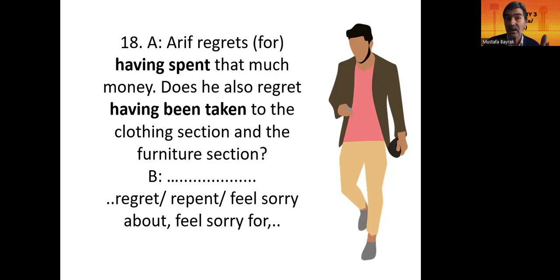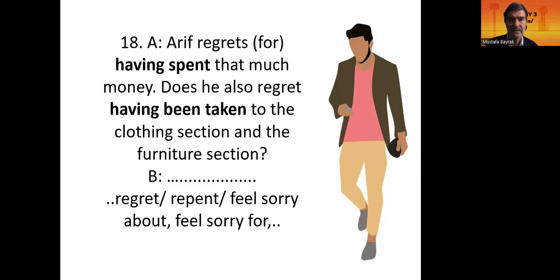But isn't it better expressing the completion? Yes. Arif regrets having spent that much money. Does he also regret having been taken to the clothing section and the furniture section? Yes, he also regrets having been taken or being taken to the clothing section and the furniture section.